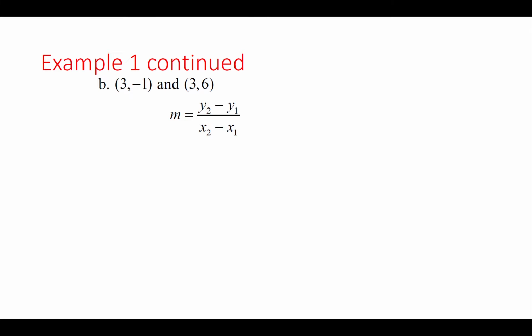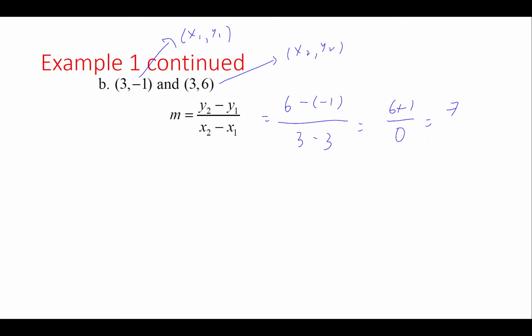Okay, now there are 2 other points, and we want to find the slope passing through them using this formula. Again, just plug in the values. Think of this one as x1 y1 and this one as x2 y2, and then if you plug in the values, it will be 6 minus -1 over 3 minus 3, which is 6 plus 1 over 0, 7 over 0.